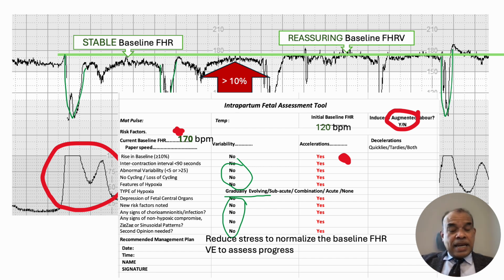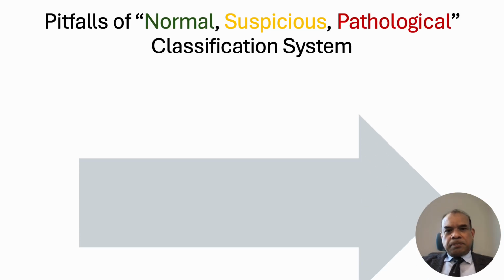But this is a case where the obstetrician and the midwife were following NICE guidelines, and therefore they didn't understand physiology. So they thought this is repetitive decelerations, two intermediary or non-reassuring features, pathological CTG. A trainee was requested to go and cut the skin of the scalp.